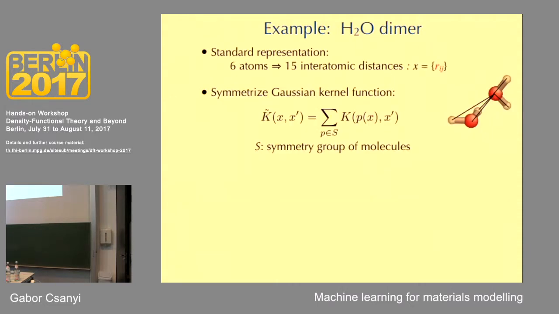Okay, so now I want to show you examples. And the first example is a very simple one of just the water dimer, because it's a very old example. Very many people have potentials for a water dimer, but it illustrates very nicely what you actually need to use one of these machine learning methods in a mathematically simple way. So we're going to use the representation of just the interatomic distances, but not their unordered list, the ordered list of interatomic distances.